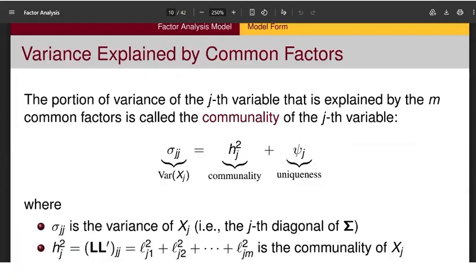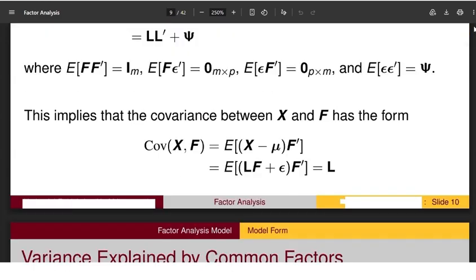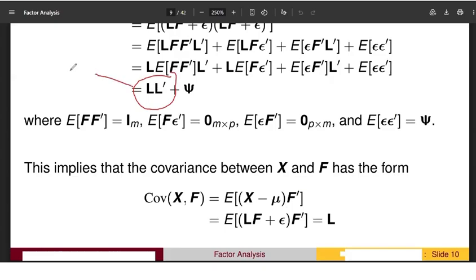Now, I want to talk more about the decomposition. This is the variance of the old data. If you take a look at this guy here, it is the same thing as the sum of square loadings.